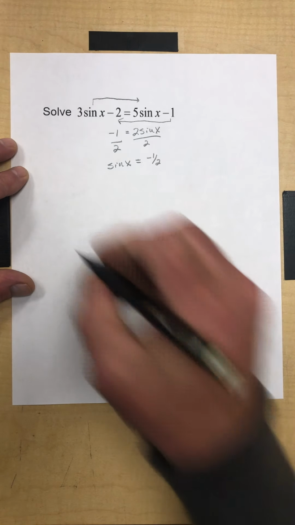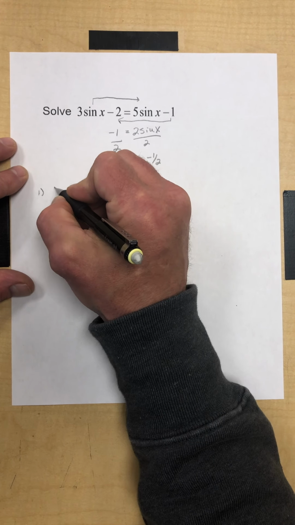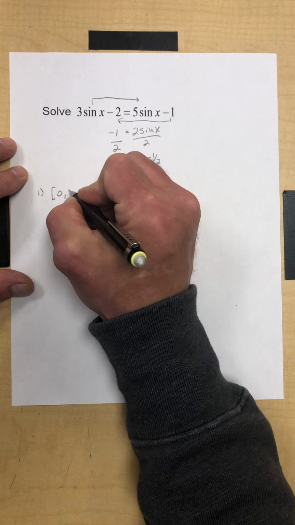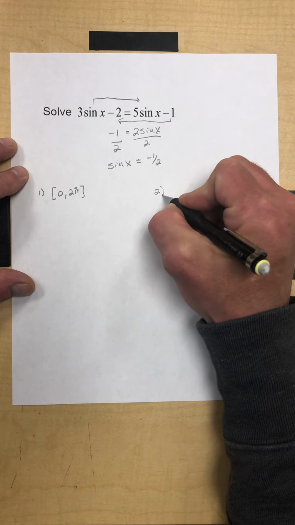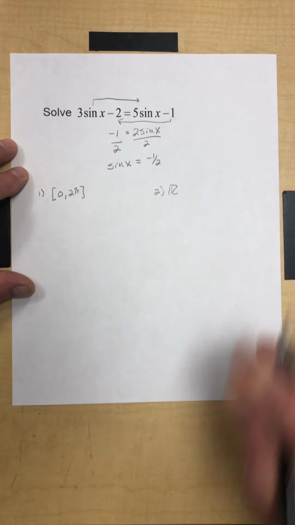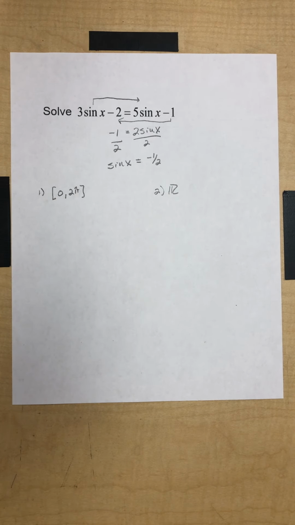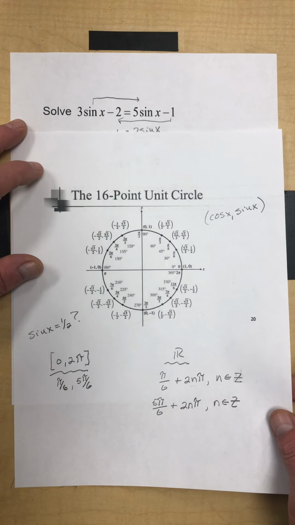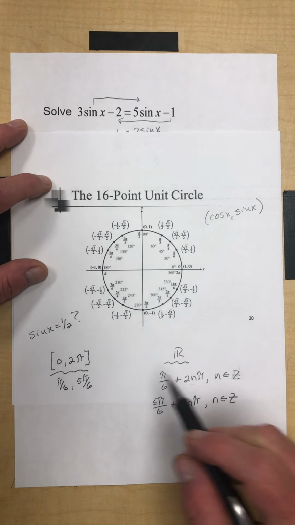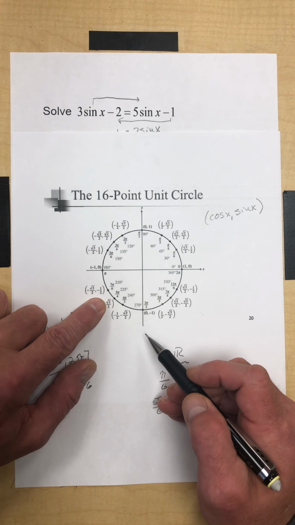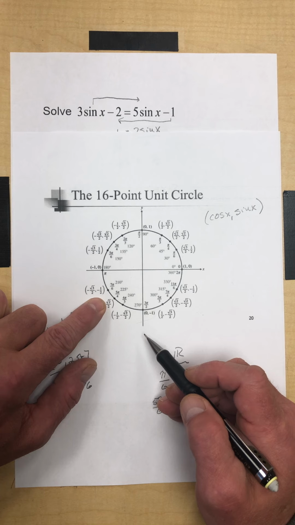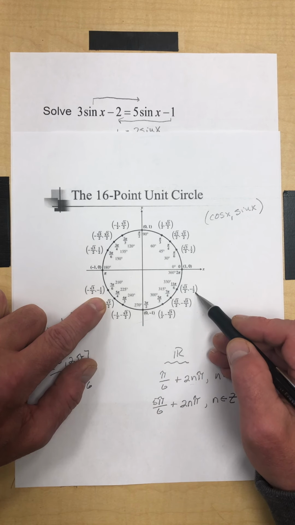Okay, so let's see. We can solve that on 0 to 2 pi, or we can solve that on the set of real numbers. So I'm looking for when the sine is equal to -1/2. Well, that's down here. Notice the sine is -1/2 at 7 pi over 6, and the sine is -1/2 at 11 pi over 6.